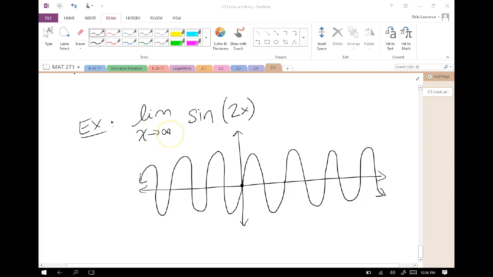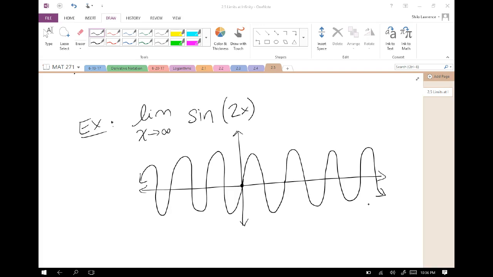So as x approaches positive infinity, we want to know what the y value is approaching. Is the y value approaching a specific number? And in this case, it's not. It just keeps going up and down forever. It's never going to settle in on one specific number. It just keeps oscillating back and forth between y values of positive and negative 1.